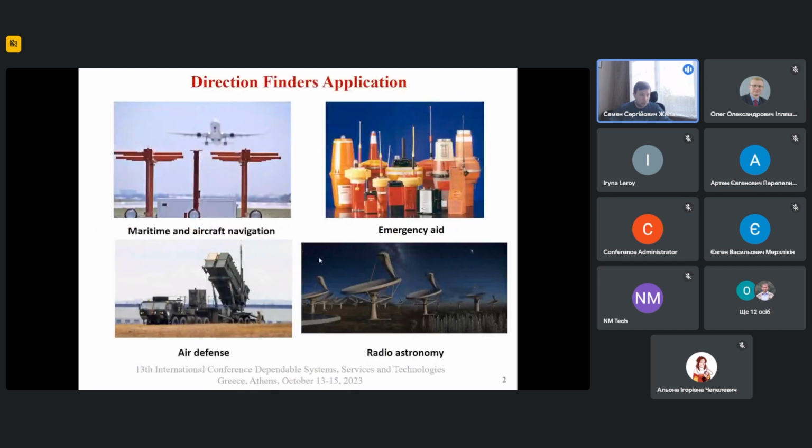So Direction Finders have very wide applications. It's maritime and aircraft navigations, emergency aid, air defense, radio astronomy, and a lot of other applications. It's only just some of them.